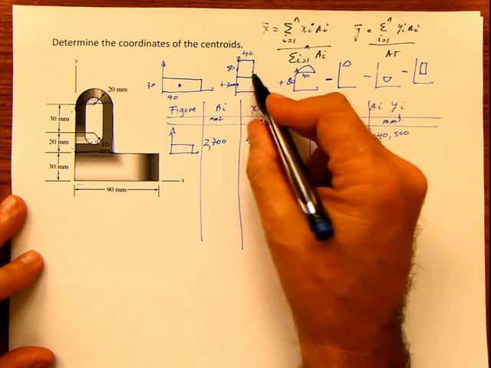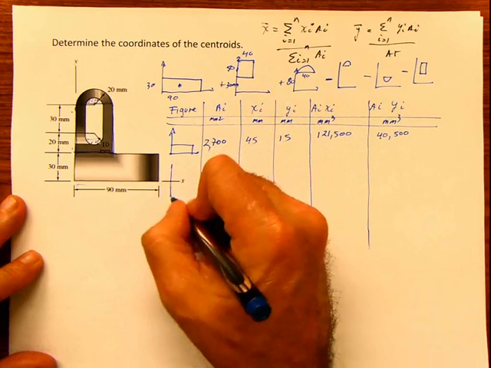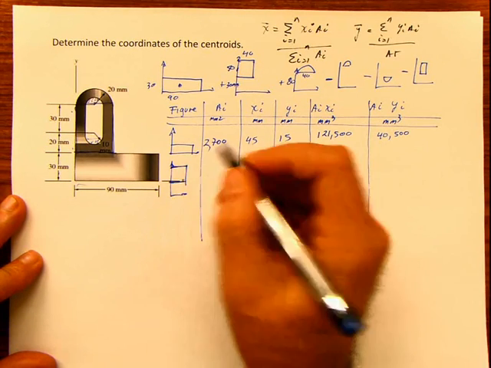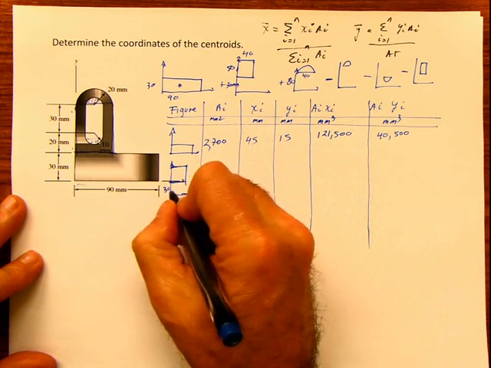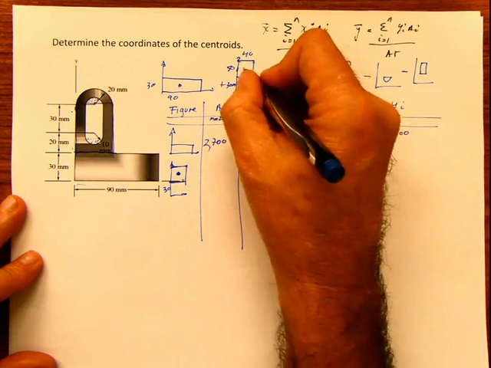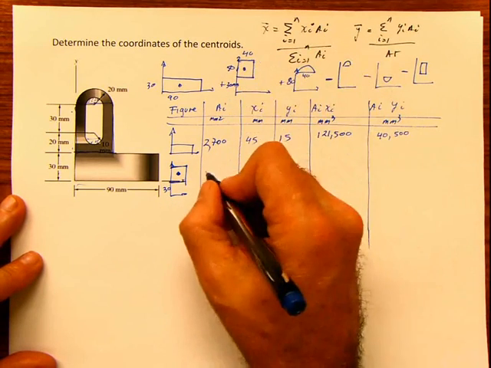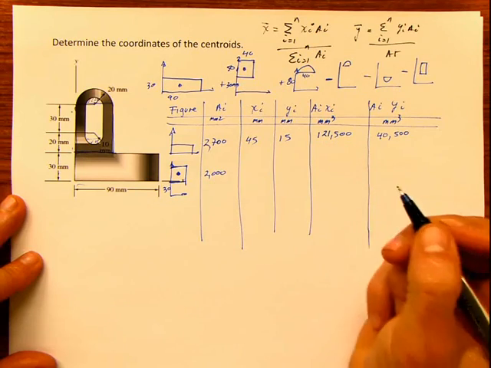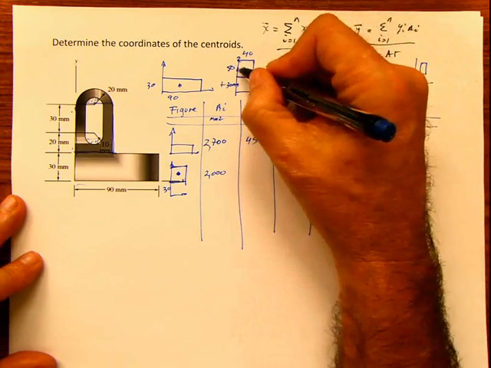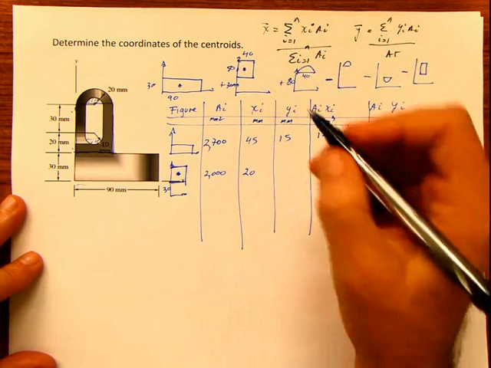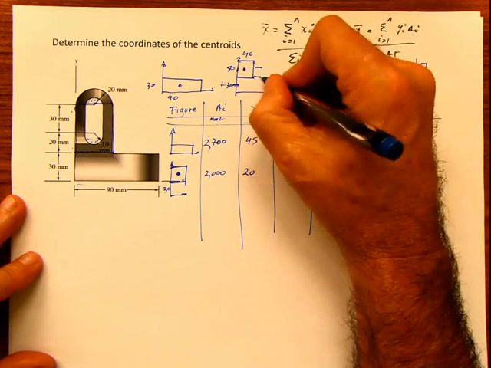Next figure is this one, hanging in the air 30, and the center is going to be located right there. First of all, the area is 40 times 50, that's 2000. The coordinate in x is at the center, which is 20. And the coordinate in y is at the center of this part.